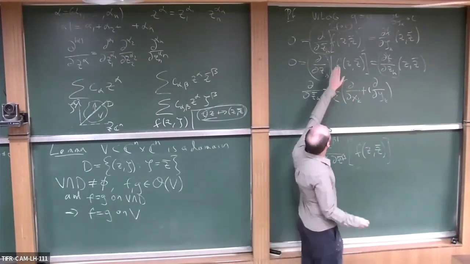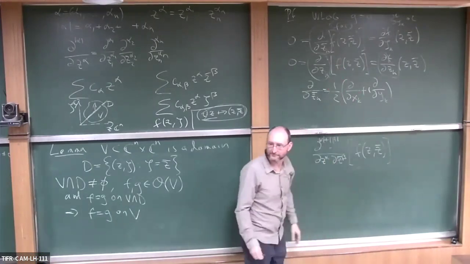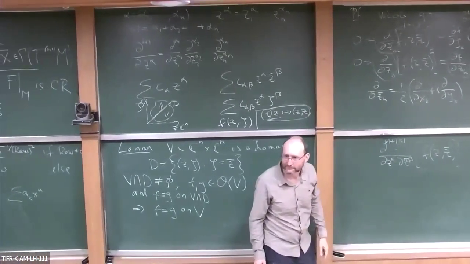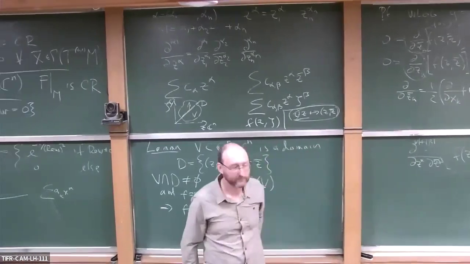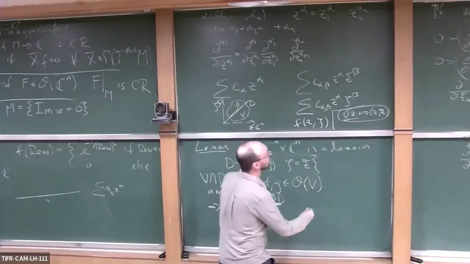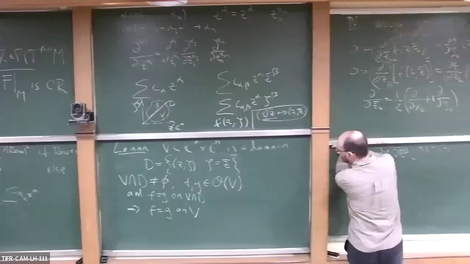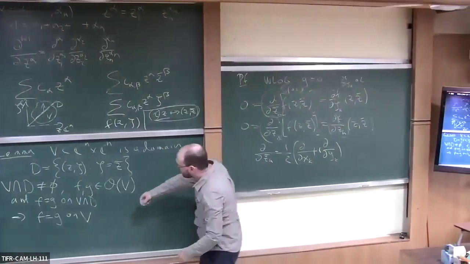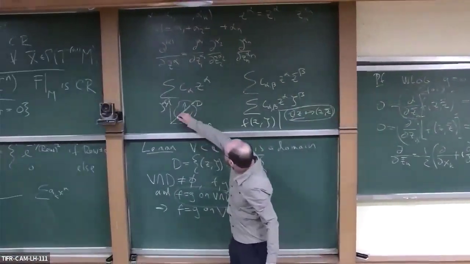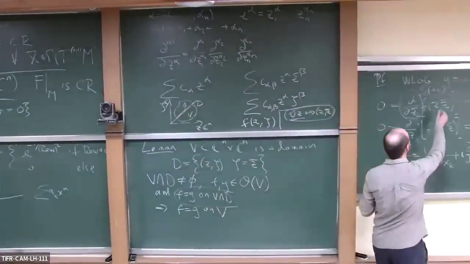Over here, right? So why are these two derivatives 0? Because f is equal to g on here, and we're assuming without loss of generality that g is 0.